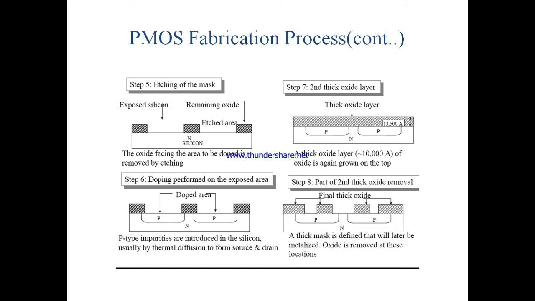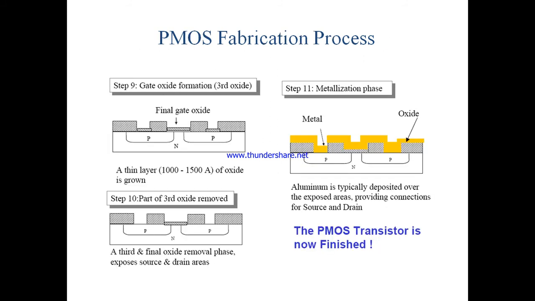The whole chip then has metal, that is aluminum, deposited over its surface to a thickness typically of 1 micrometer. The metal layer is then masked and etched to form the required interconnection pattern. This is the PMOS transistor now finished.